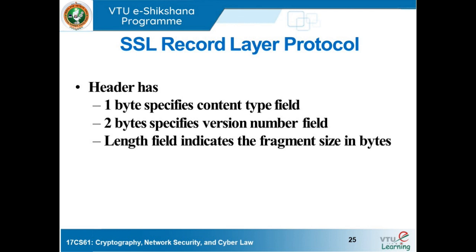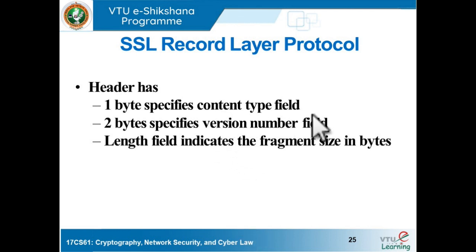Now the question that arises is, what does the header have? The header contains one byte which specifies the type of the content, or content type field. This identifies the higher layer protocol that is used to process the fragment.